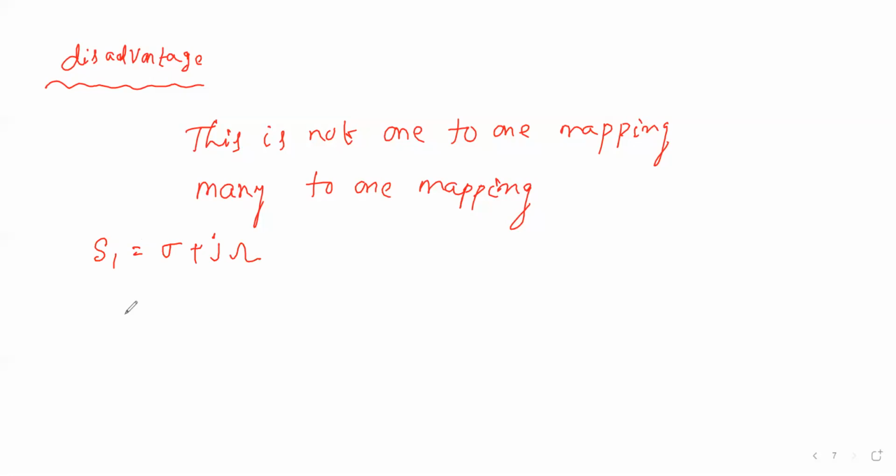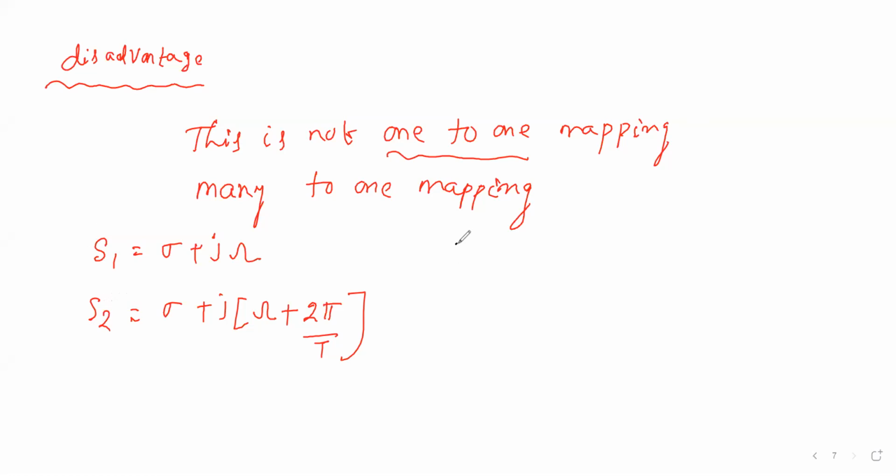This is one pole. Let another pole be s2 equals sigma plus j times omega plus 2 pi by T. Let's take these two poles. Clear? Now, one-to-one mapping means for s1 we get z1 and for s2 we get z2, and z1 must be different from z2.